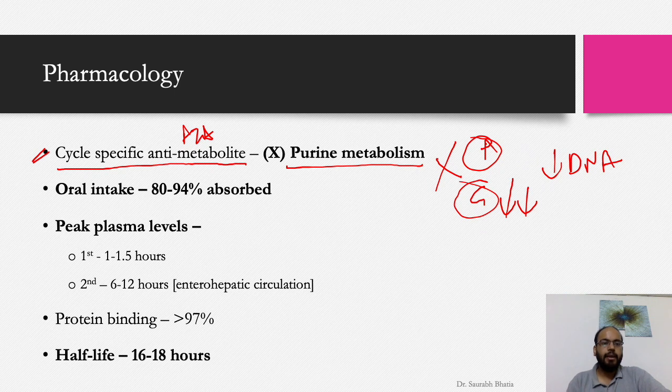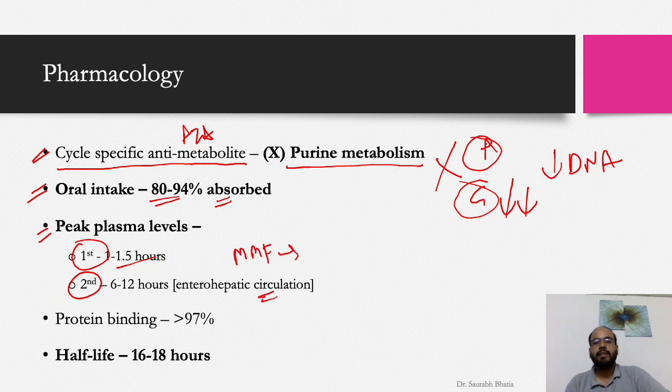Okay. On oral intake, it is 80 to 90% absorbed. Peak plasma level occurs in two peaks. The first peak is at 1 to 1.5 hours, and that correlates with the oral absorption. The second peak correlates with enterohepatic circulation. Now what happens is that MMF gets converted into mycophenolic acid, which gets converted into MPAG. Now MPAG is inactive, but it binds to bile, and because of bile it goes into enterohepatic circulation.